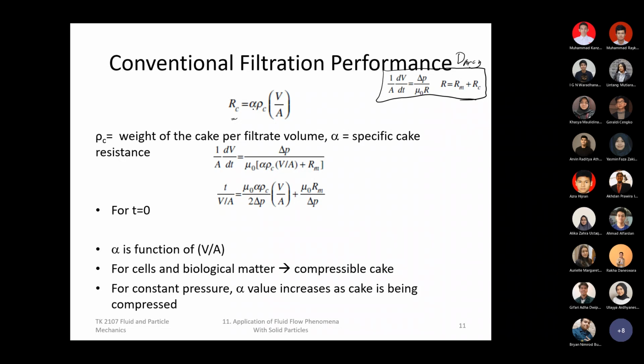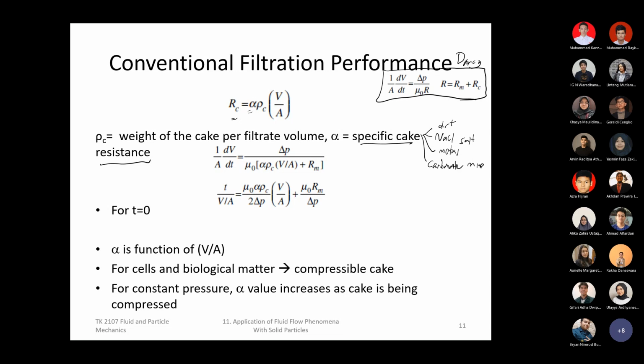So we have alpha, which is the specific cake resistance. Maybe for dirt, for NaCl salt, for metal, or for other carbonate salt, they could have different cake resistance.